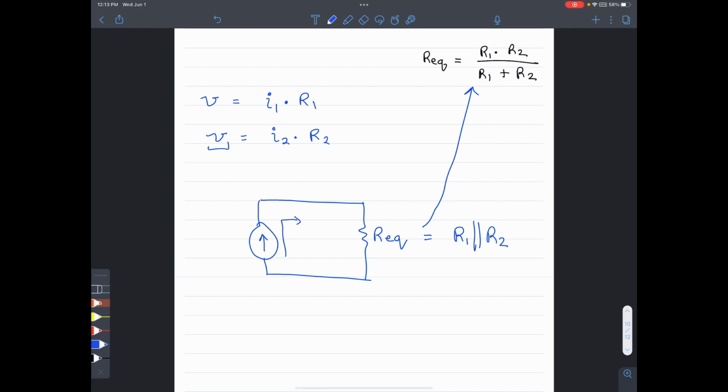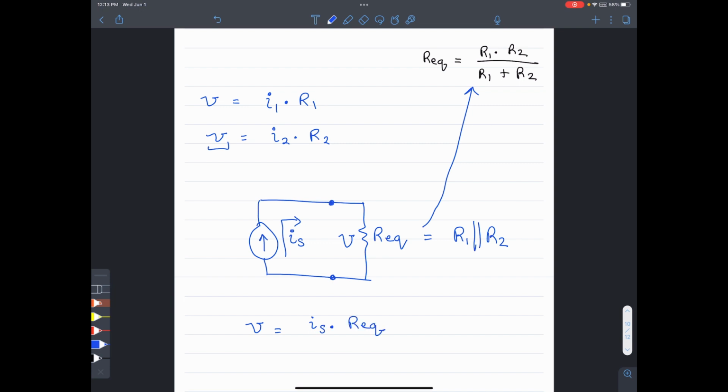The current Is sets up a voltage V across this equivalent resistance. So you can express V as Is times R equivalent.